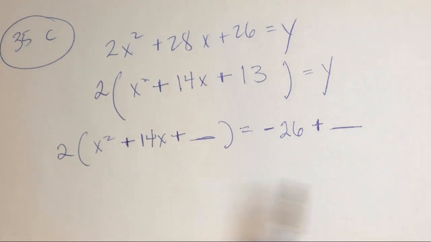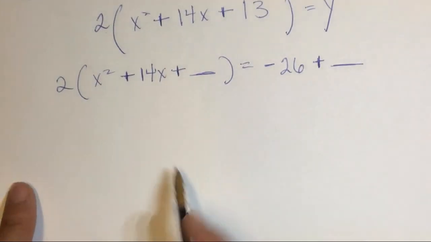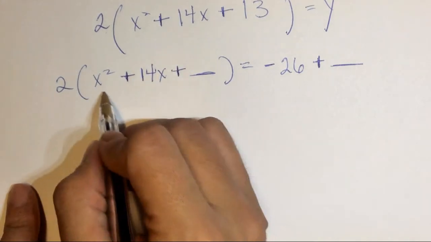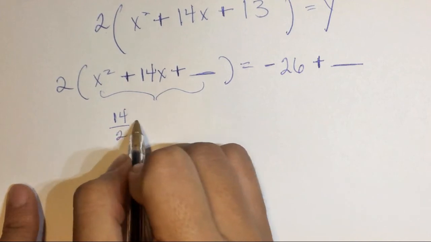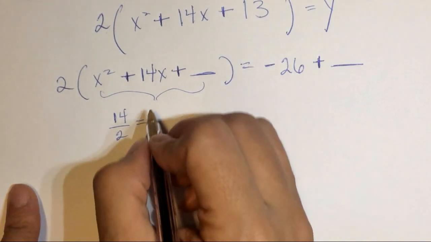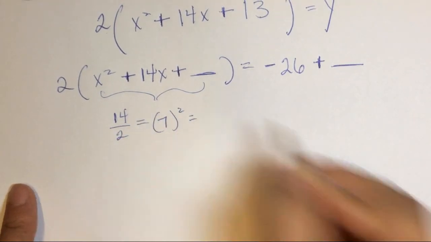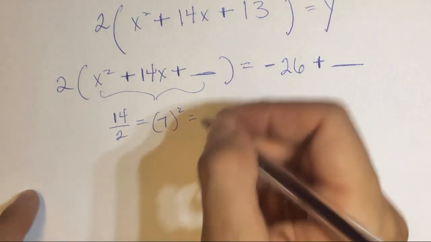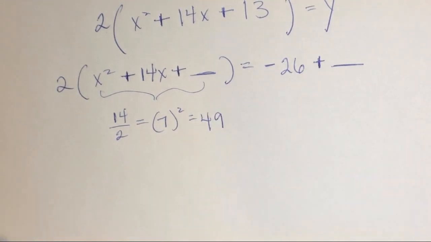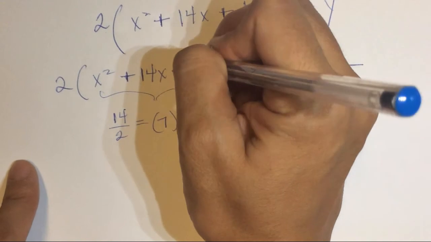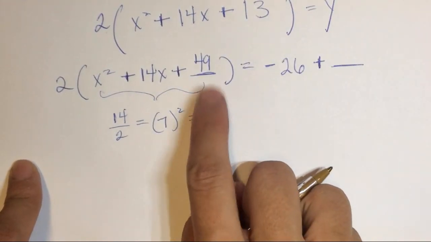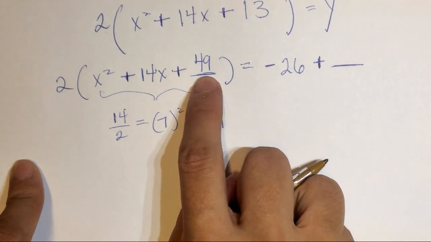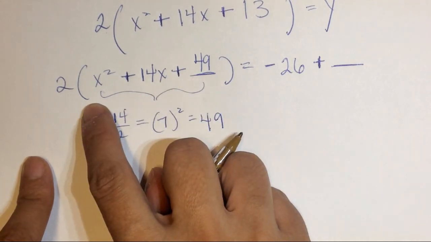So the 2's still chilling. I'm now going to complete the square for this factor bubble right here. So take the middle number, divide it by 2, I get 7. And then I square it. So 7 times 7 is 49. So I'm going to write 49 in my blanks. I would usually write 49 here, but remember, what did I really add to this left side? 49 times 2.